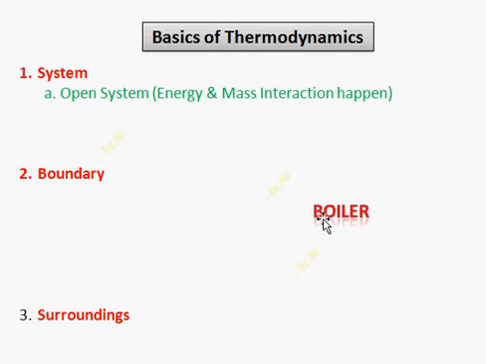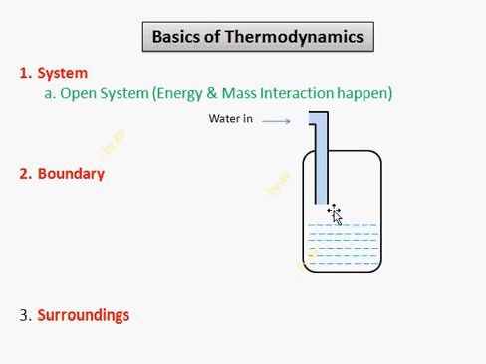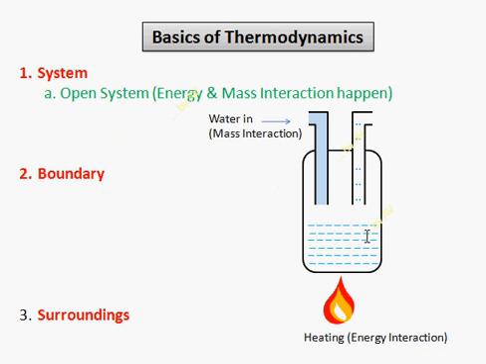Just imagine a boiler. Now the boiler is the system. If you are allowing the water to get inside the boiler, and now the boiler gets filled with water. When we apply heat energy at the bottom, water will be getting evaporated, and if you are providing space, the vapor will tend to escape out.